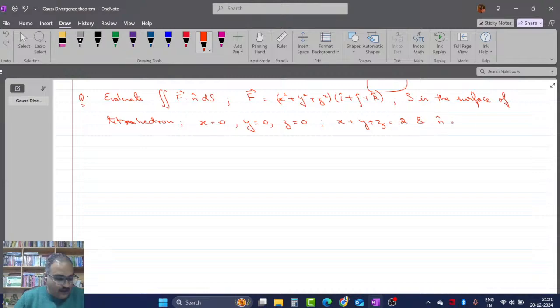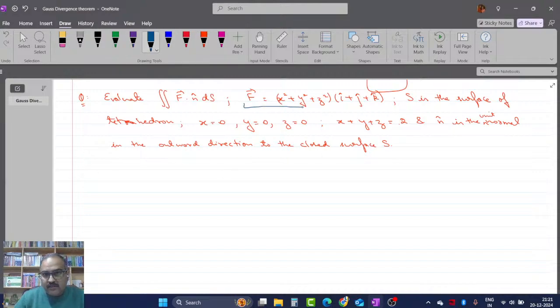And n cap is the unit normal in the outward direction to the closed surface capital S. Okay, this is basically the statement.